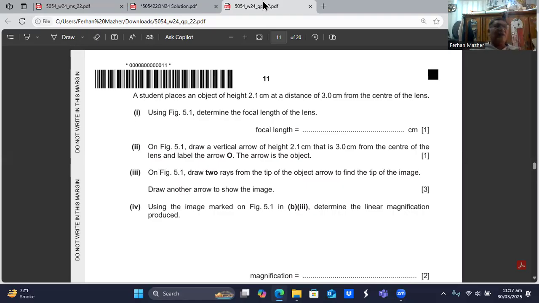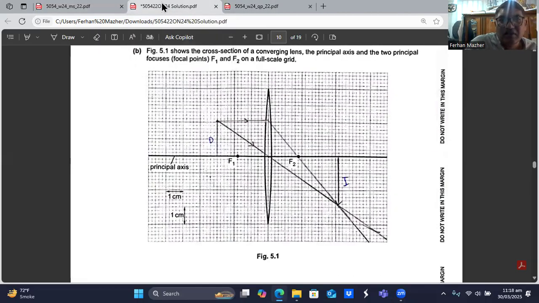And another formula is the distance of the image from the lens divided by the distance of the object from the lens. So you can say this height of the object is 2.1 and the height of the image here is, I think, 2.